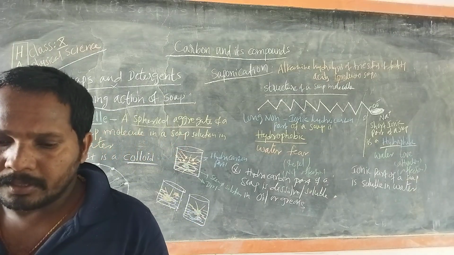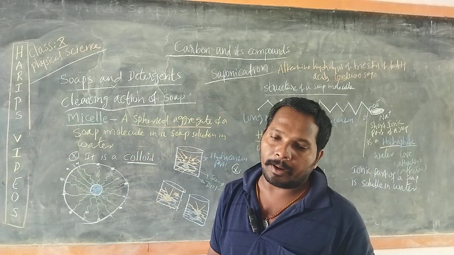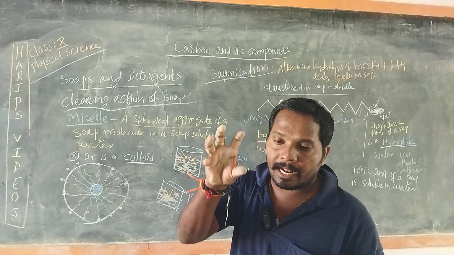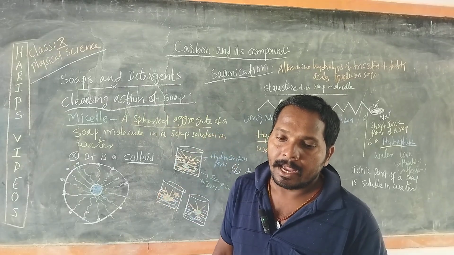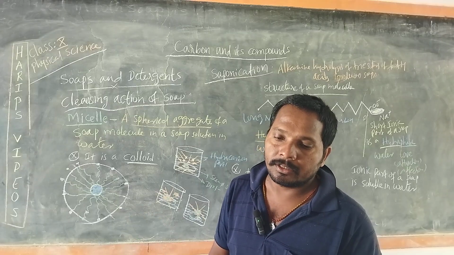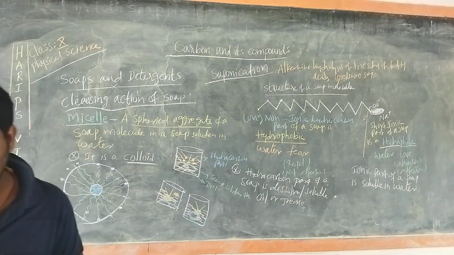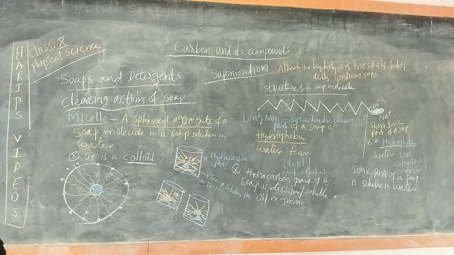cloth, right? With a little agitation, the dirt particles get entrapped by the soap micelles and get dispersed in water, due to which the soap water gets dirty and the clothes get clean.